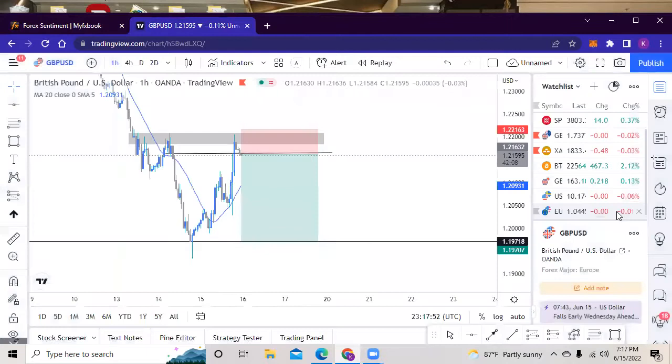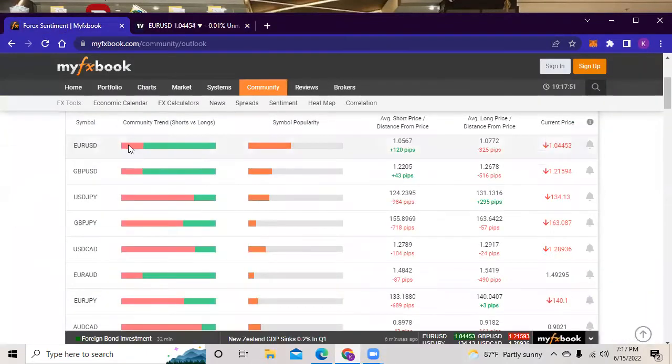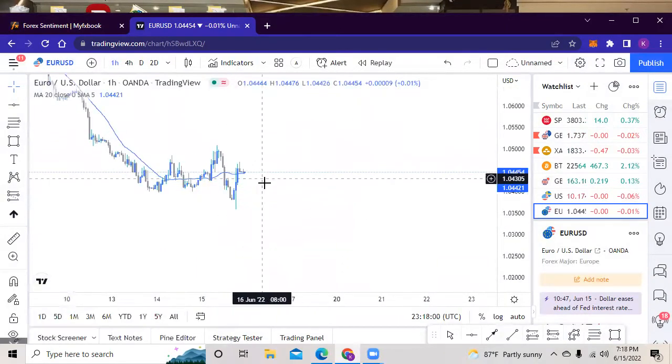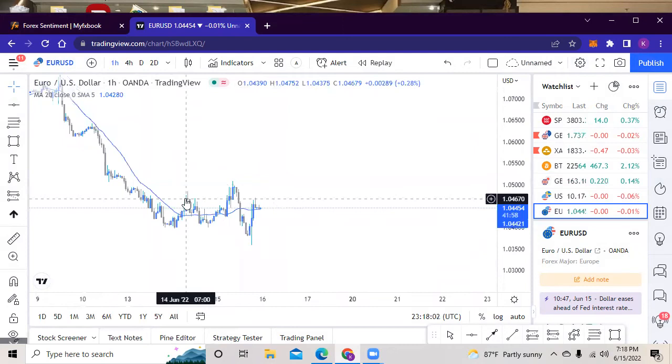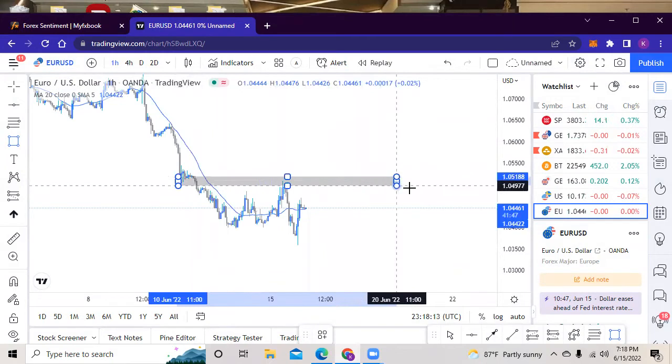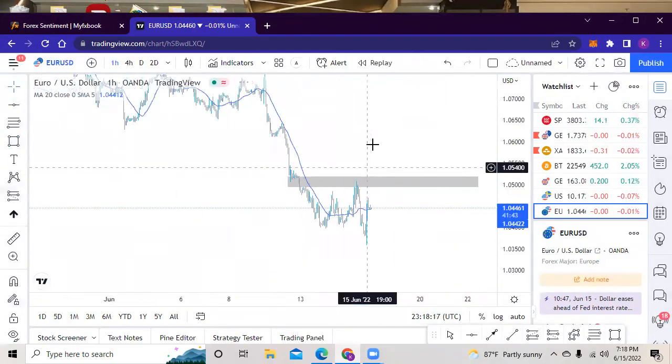As you can see on Euro USD, majority of the traders are long. So you're looking to go short. So you're looking for point of interest. As you can see, this was a point of interest right here. This is basically all the news. So a lot of retail traders got liquidated. So we have a point of interest right here.